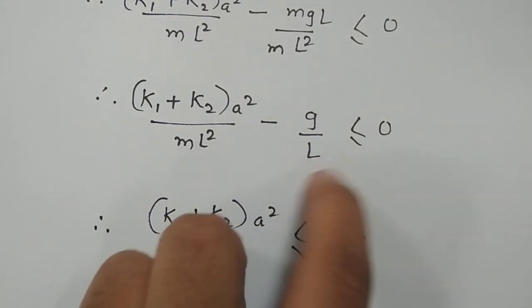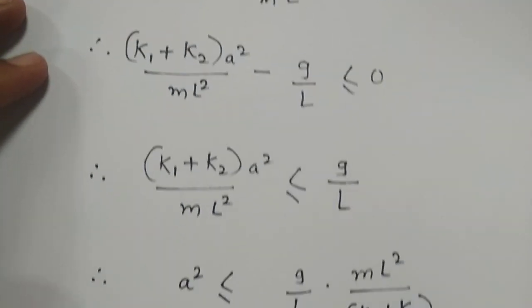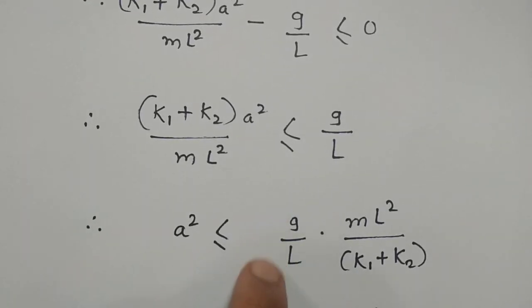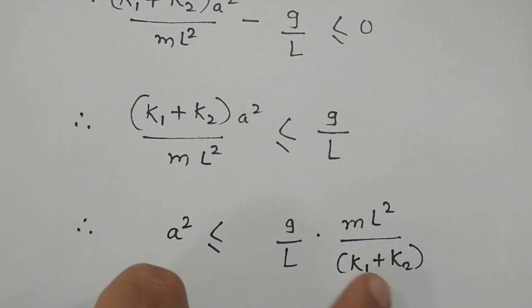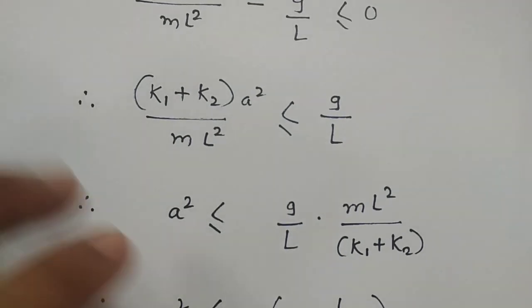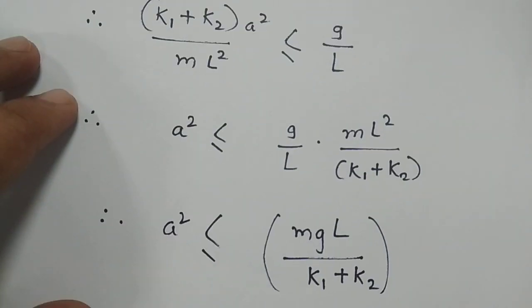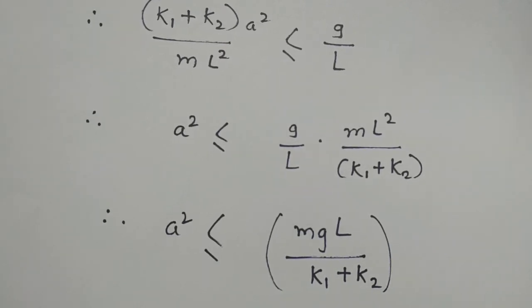Take this negative term to the other side, and we will have a square equal to g upon L times mL square divided by (k1 plus k2). Here again the L gets cancelled. So a square will be less than or equal to mgL divided by (k1 plus k2).